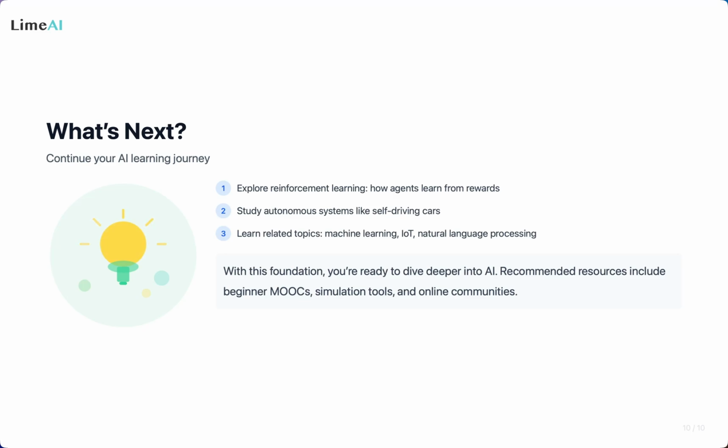And don't forget communities, online forums like Reddit's r/artificial or focused Discord servers are great places to ask questions and share discoveries. Most importantly, keep observing the world around you. Every time you use a smart device, ask, is this an AI agent? How does it work? That curiosity will take you far.